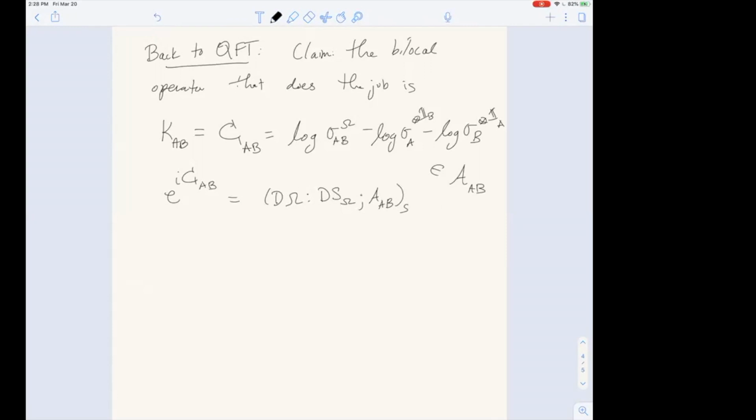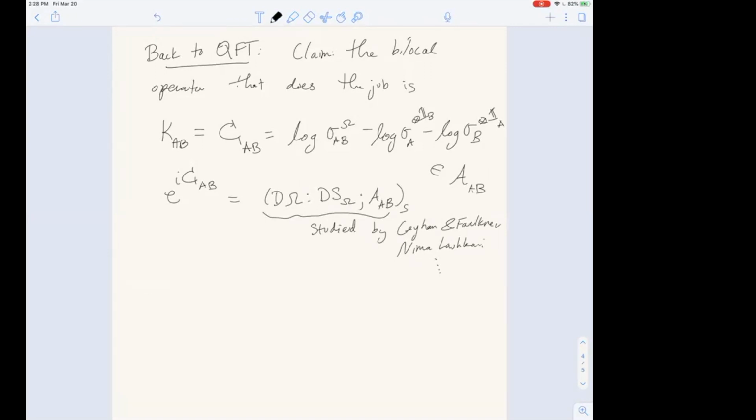As an aside, this object or objects similar to this have been studied in a nice paper by Shahar Faulkner and also by Nima Lashkari and a whole host of other people, who are the people in our community that have most recently been studying this object.